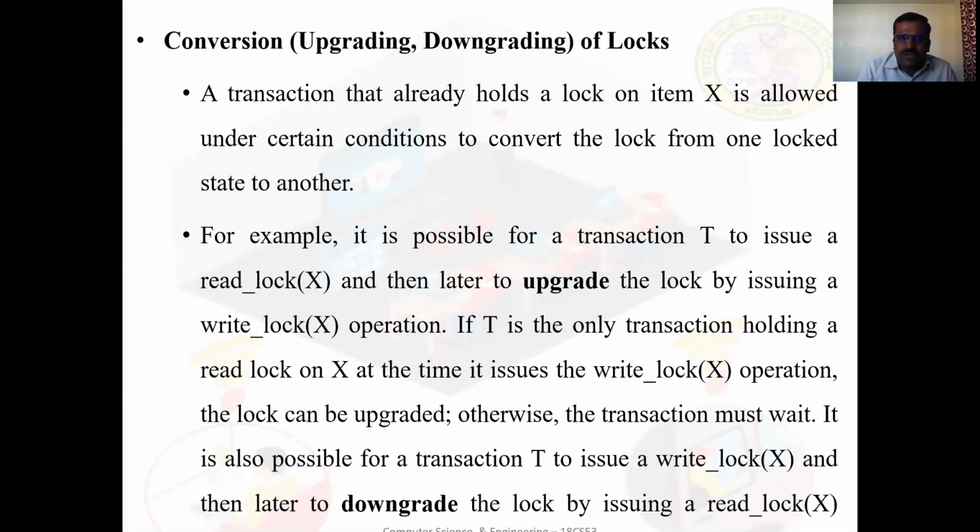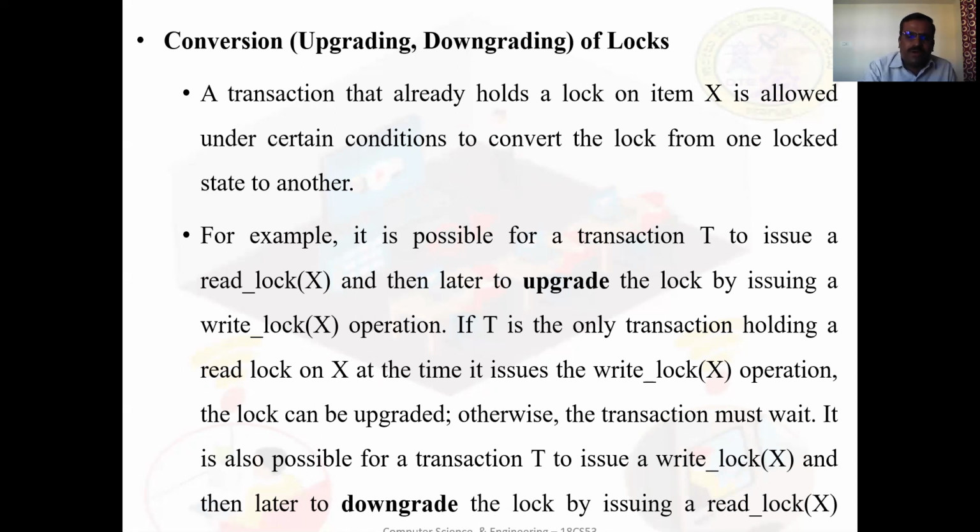For example, it is possible for a transaction T to issue a read_lock of item X and then later upgrade the lock by issuing a write_lock(X) operation, if T is the only transaction holding a read lock on X at the time it issues the write_lock(X) operation.